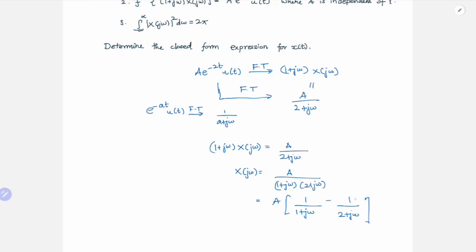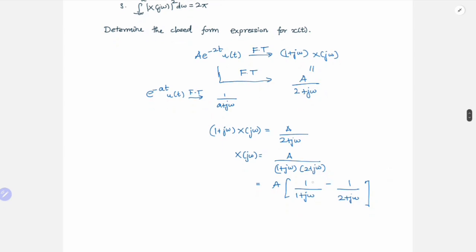So this is the coefficient we wanted. Now if we take the inverse Fourier transform of this, what will we get? x of t is equal to a into e power minus t u of t minus e power minus 2t u of t. So this is my x of t.